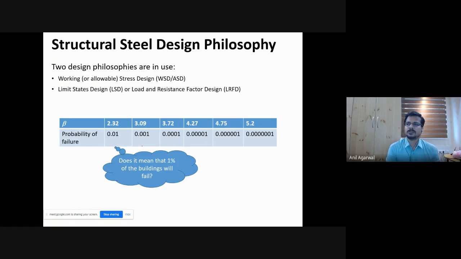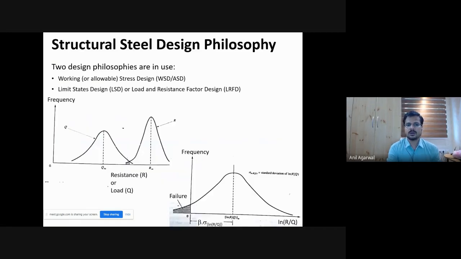Because in addition to this, there are other conservatism built into the design provisions. So for example, when we take concrete strength, this is done on top of that. Let's say this is the concrete strength behavior, this is the curve, and we do the median curve here, right? But when we take concrete strength, we don't take the median value. When we say M30 concrete, what is that strength of M30 concrete?